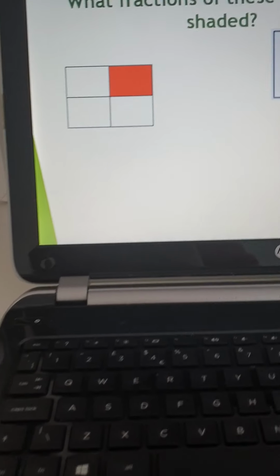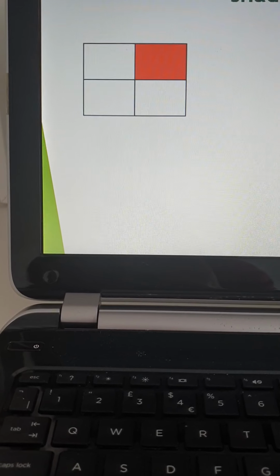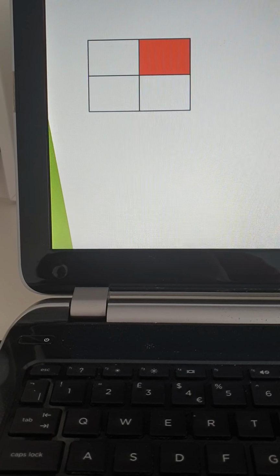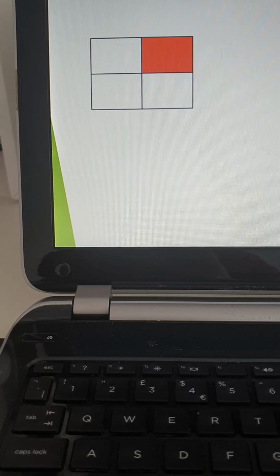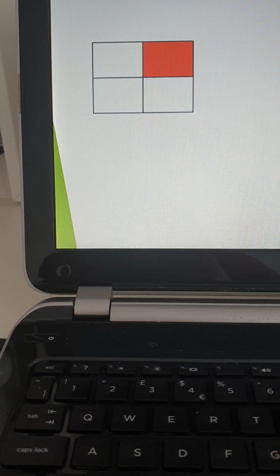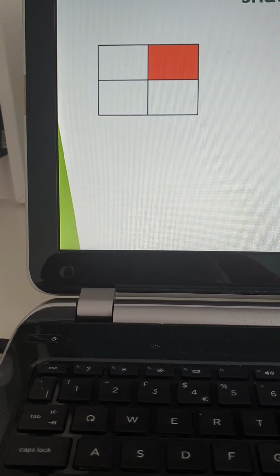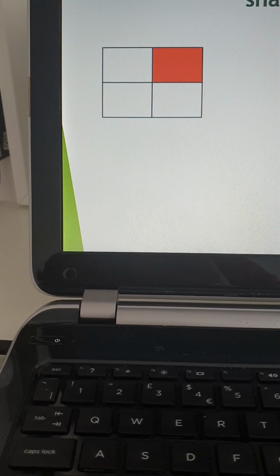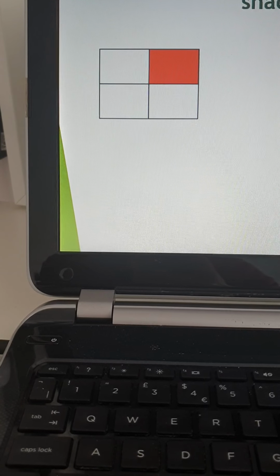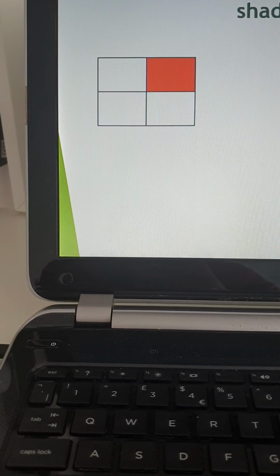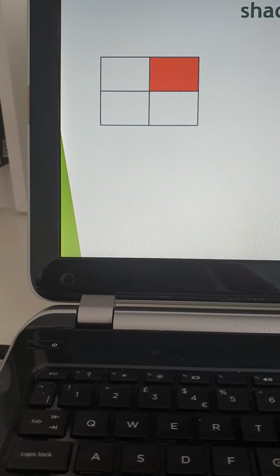Let's look. Okay, we have another shape here. So it's a rectangle, sorry, and it's divided up into 4 equal pieces. Okay, now it is actually a square, sorry, I'm just looking at it there. It's divided up into 4 equal pieces. Okay, so it's asking us what fraction of the shape is shaded.